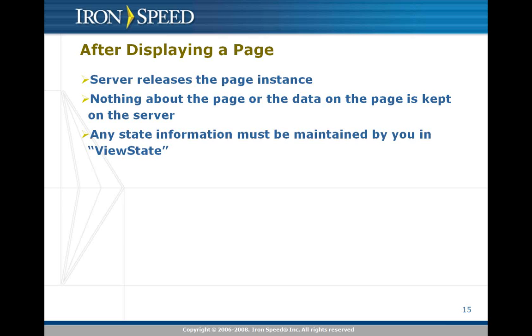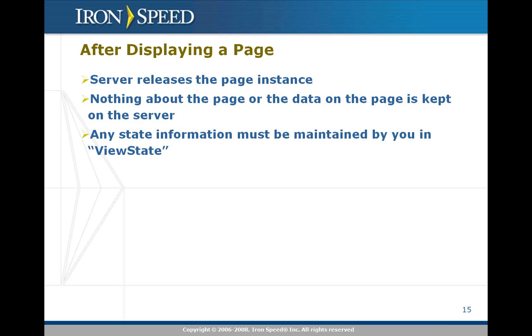Now, what we talked about was for the initial display of the page. What happens after the page is displayed is very important to remember. The server releases the page instance. There is no page instance in memory at that point in time. So if you kept a variable, let's say, for example, I equals 37, well, guess what?